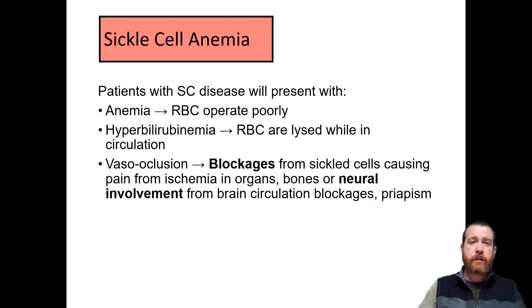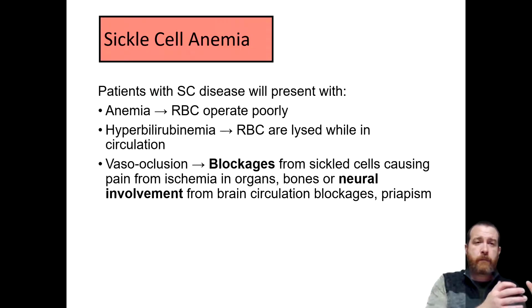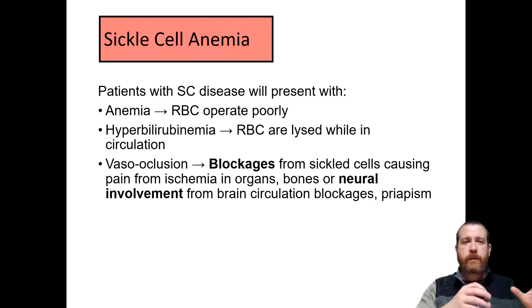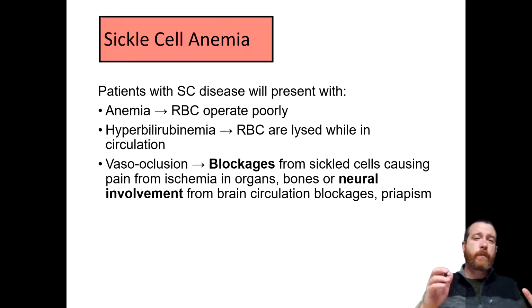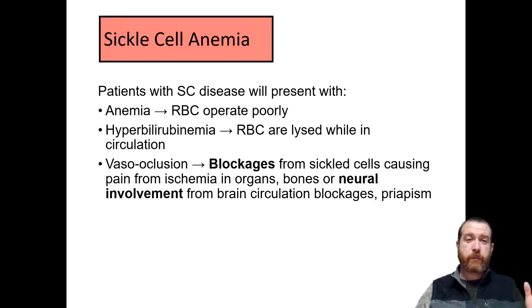Bilirubin, remember, is part of that metabolic process where we take that heme molecule, cleave off the more damaging portions of it, and convert it into conjugated or unconjugated bilirubin. Well, if you have way too much hemolysis happening, there's going to be way too much bilirubin accumulating, and the liver can only process so much at any one time.